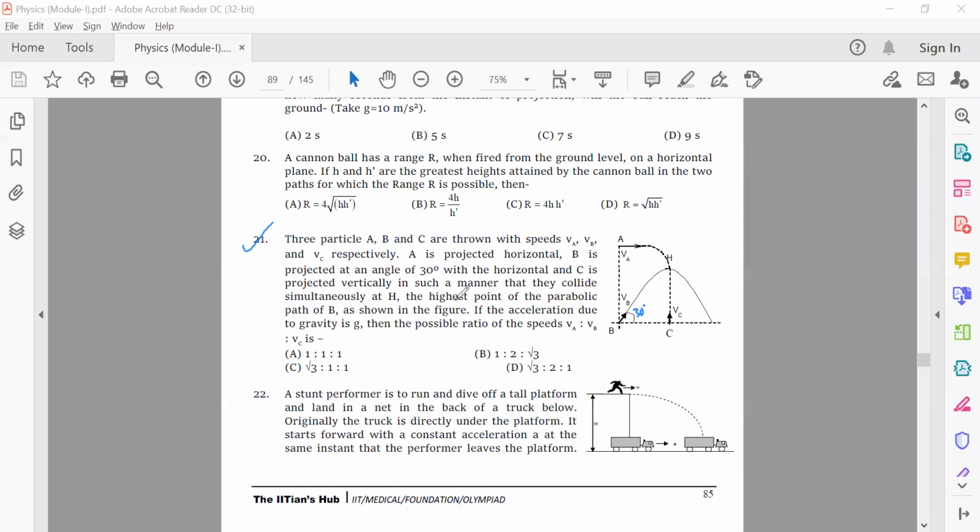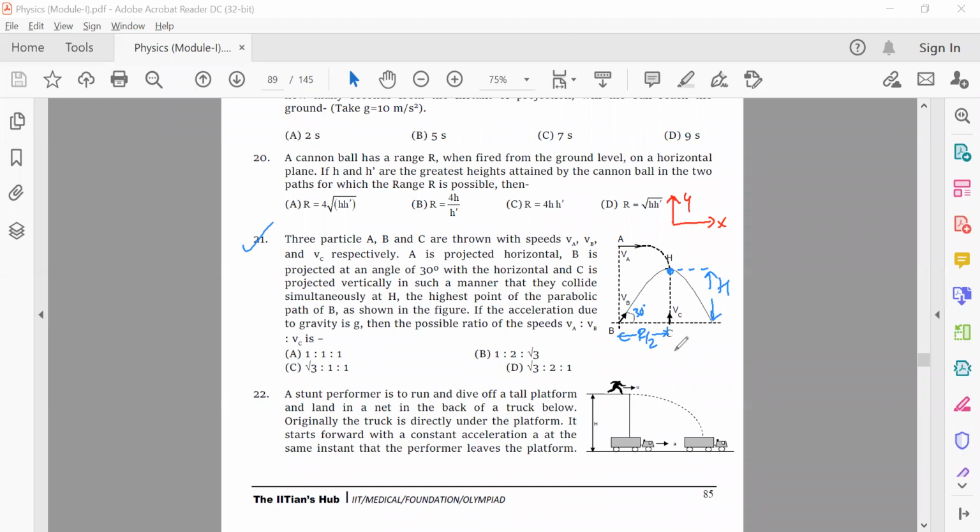And simultaneously at H, which is the highest point of the parabolic path, this height is equal to H. So that means this is also R by 2. Now what I'll just do is I'll take a common coordinate frame for all of them.